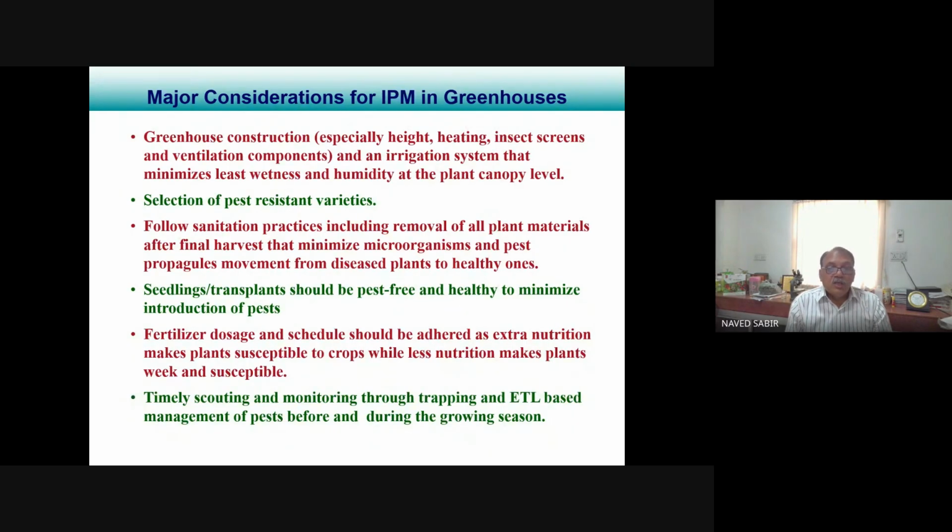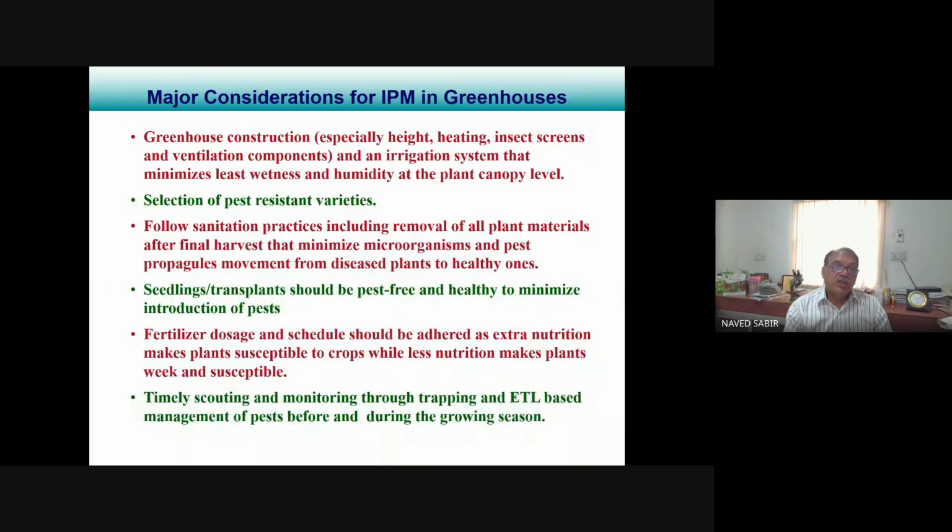It is not the chemical alone that will help. So you have to manage the system in a holistic manner, and you have to keep monitoring all the time, from before the crop to during the crop and until the harvesting is done. So complete mapping, detection, identification, and population monitoring of the pests has to be done.